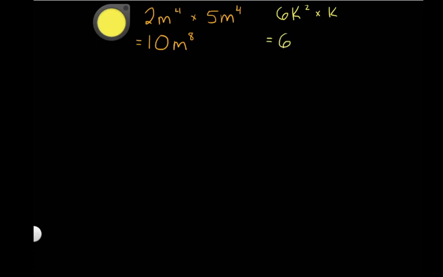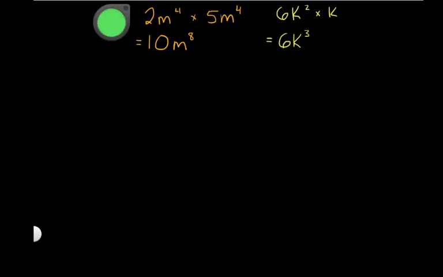Now our exponents. So k to the power of 2, and this k over here, because we don't have an exponent written, it means that the exponent is 1. Again, we're multiplying, so we have to add our exponents. So 2 plus 1 is 3. So 6k to the power of 3.